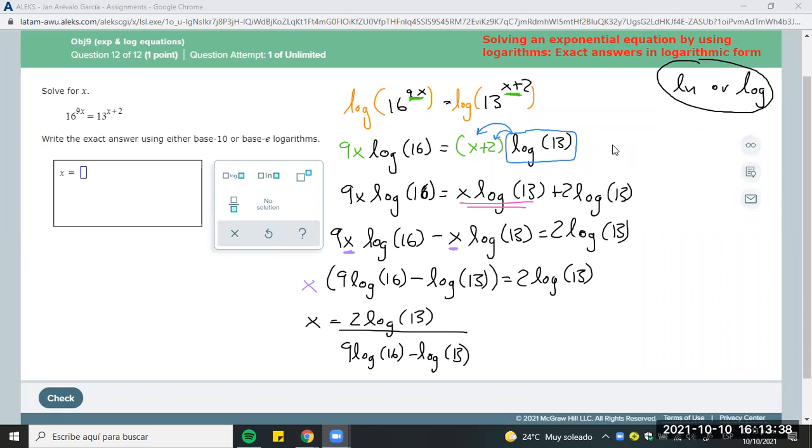So I'm just going to write that down. This will be a division: 2 times log base 10 of 13 divided by 9 times log of 16 minus the logarithm of 13. And I'm going to press check.